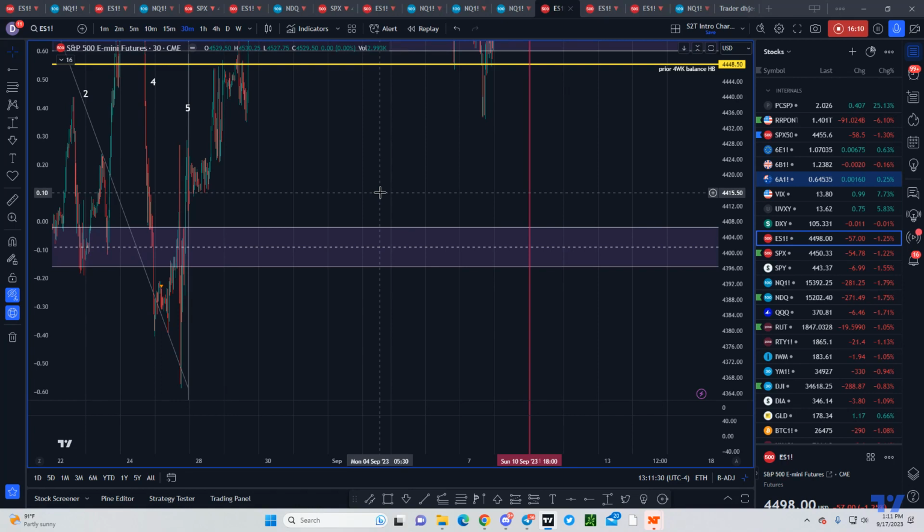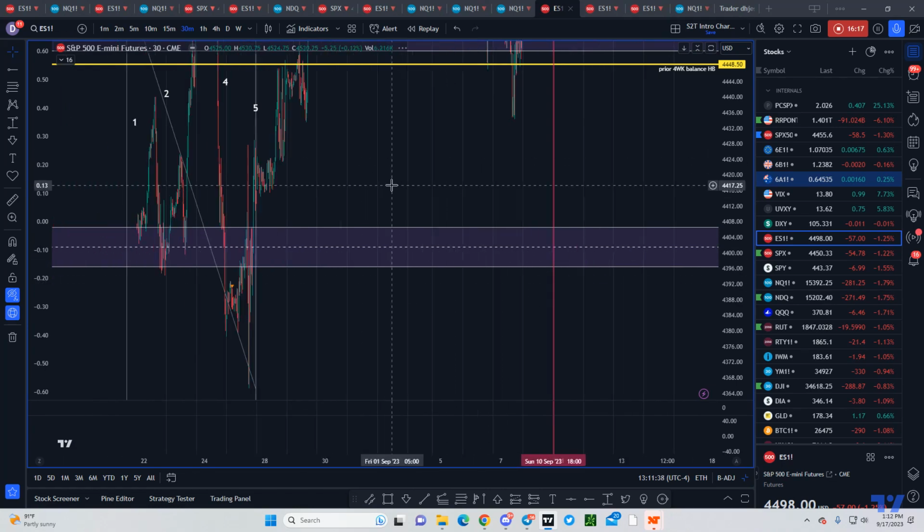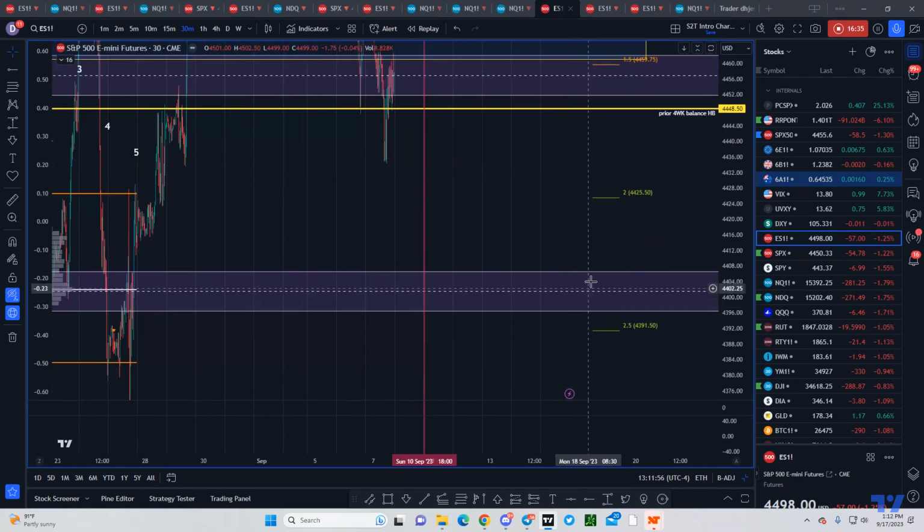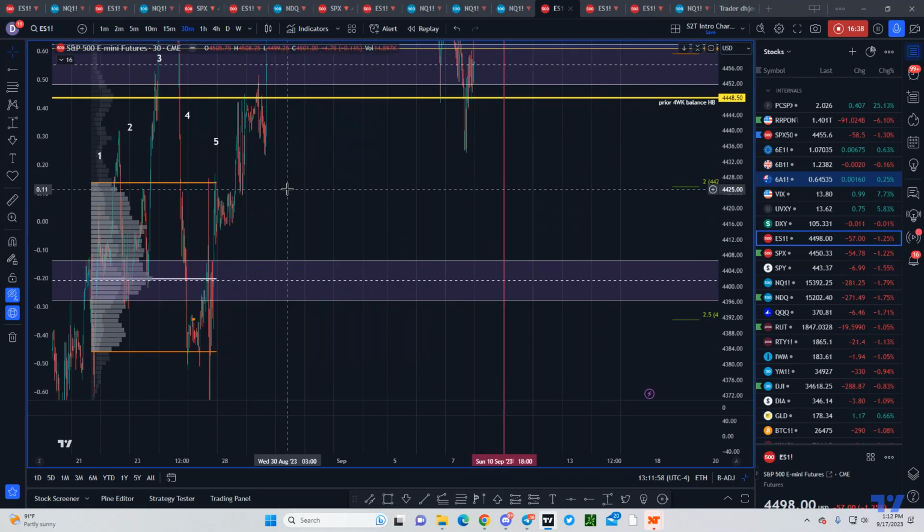I believe it coincides with some support activity or POC, but we'll leave that zone right there because nothing really changes from this area here. Oh, there you go, that explains. This is the 5 day balance. I don't know why it took a little bit to generate, but this is basically a naked POC that we got here at the 4401 area. So that's basically the reason why there's not a lot of activity here. Obviously, the 4426 seems important because it was a prior value area high, but I will just leave my targets there.